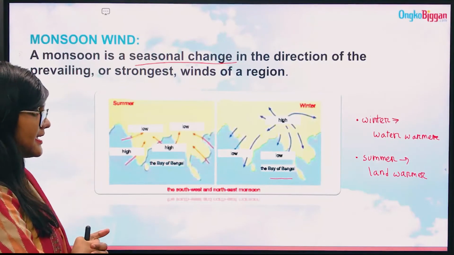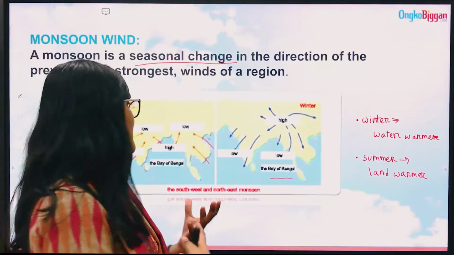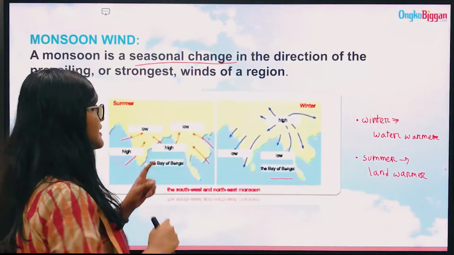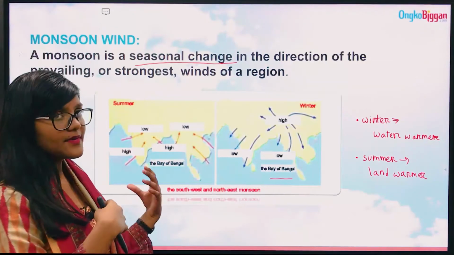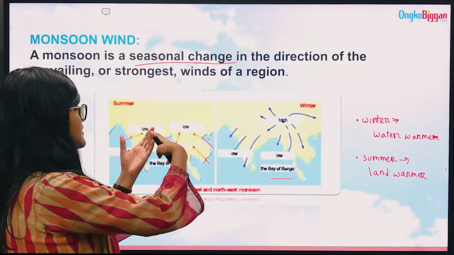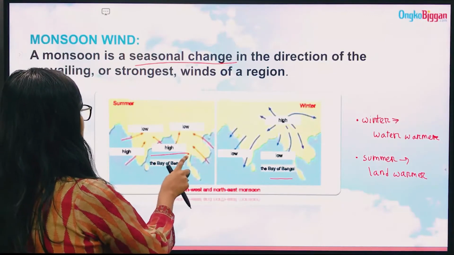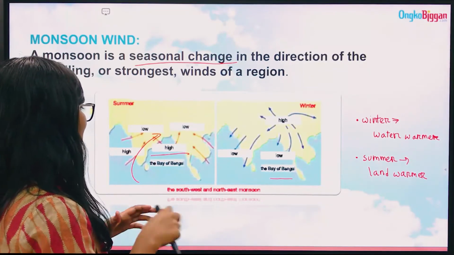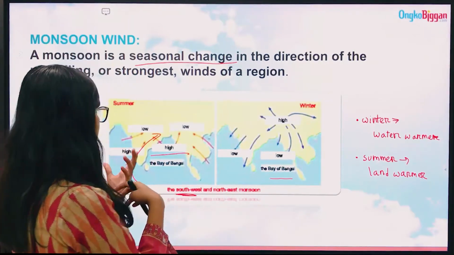During summer, the land area of our country remains warmer than the water bodies. That means the air pressure in the land area is lower than that of the water bodies. So in summer, air rushes from the water bodies to the land area to balance the air pressure. That means we can see the southwest monsoon here.